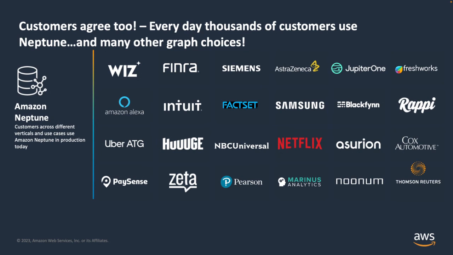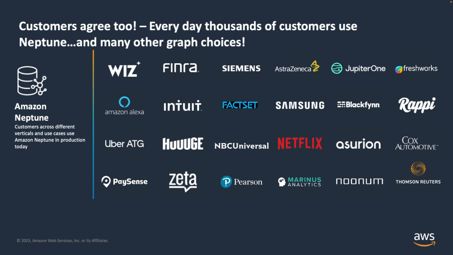Customers also think graphs are awesome. From my side, I'm super proud of the fact that every day, thousands of Neptune customers create tens of thousands of Neptune instances. And I know across all of the different companies and researchers represented here, that number is even larger. And so we know that there are useful things that customers are doing and that customers really want to do with graphs.